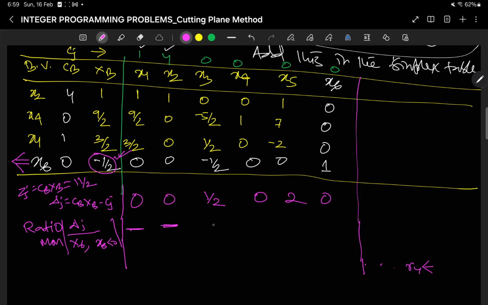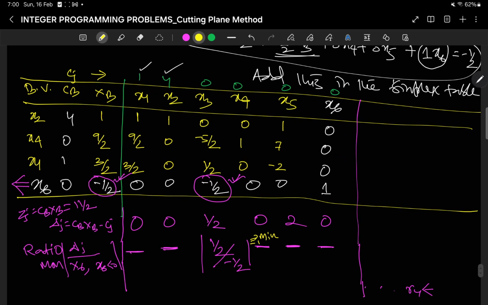Here only this will be half divided by minus half, the modulus, and the other will not take part because only the negative denominator is this. So this is my minimum, the only one, and it is 1, so this will enter into the base.